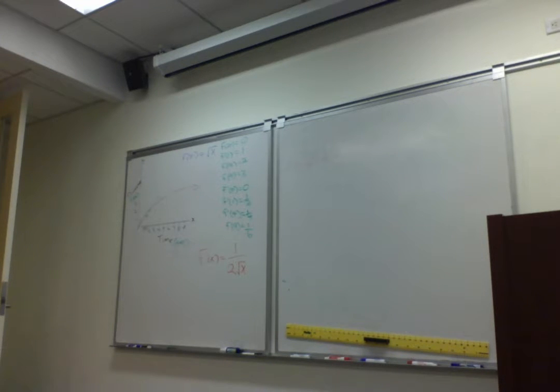Okay. How about P prime of 5? So the derivative of any function tells us the rate of change. At that particular point, the rate of change is 183. What does that mean in practical terms?